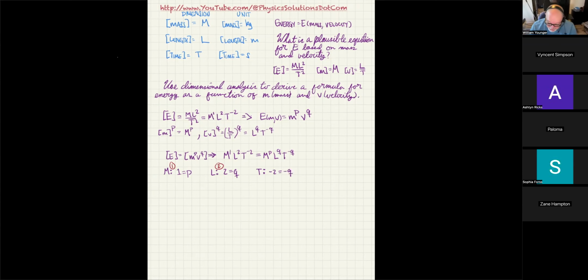So that's consistent with equation 2, in that -q equals -2 is the same thing as q equals 2. So really, there was no need to label these equations because I don't have to combine them to solve it. I've just figured out that if I want to make this function work, then I have to make sure P is 1 and I have to make sure Q is 2.